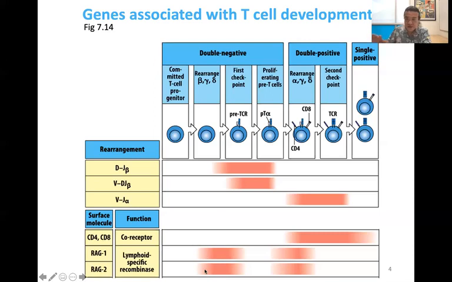This red down here means you see that those proteins are being made in the cell, and then the RAG oven mitts are being made, and the oven mitts are going to work doing the rearrangement. So it starts off by making the DJ rearrangements, choosing a D block and J block of the beta chain, right? So that's why you begin to see the rearrangement of the DJ blocks here.